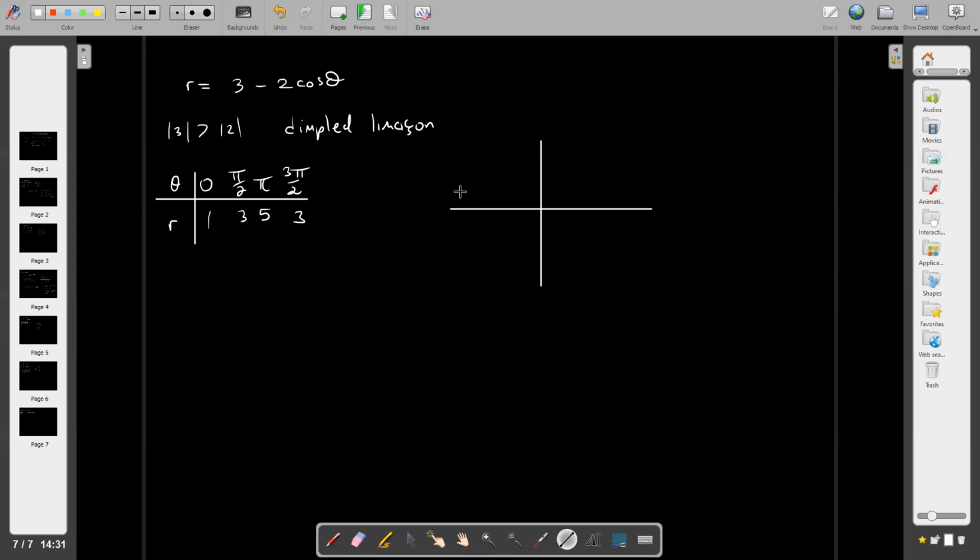It's opening out to the left because of the negative here. So it's going to look something like this. It's going to cross here at 1, and cross here at 5.